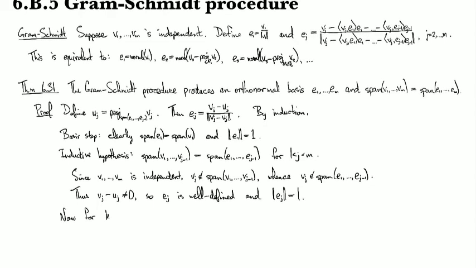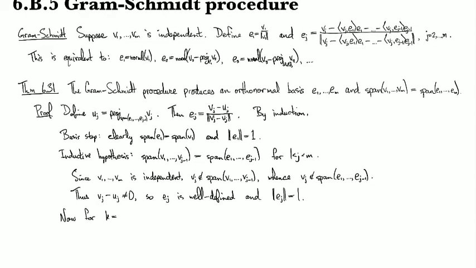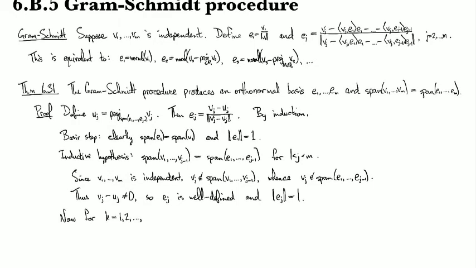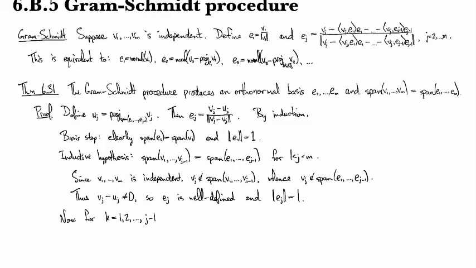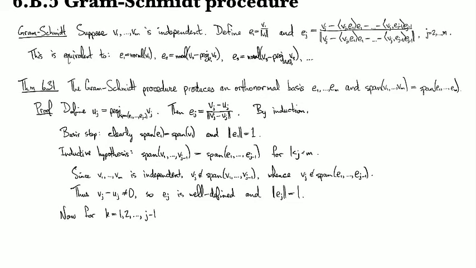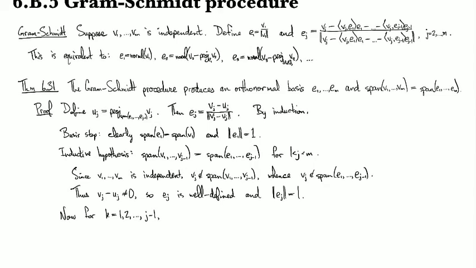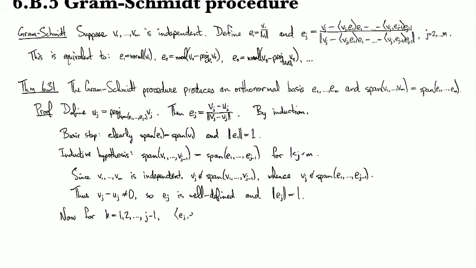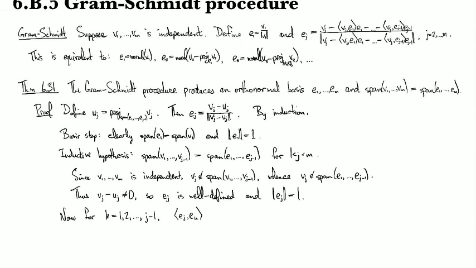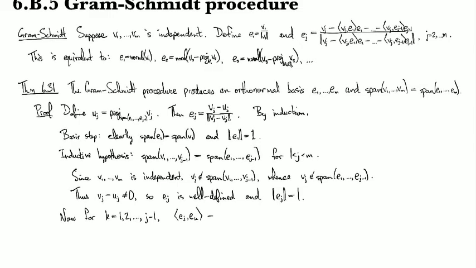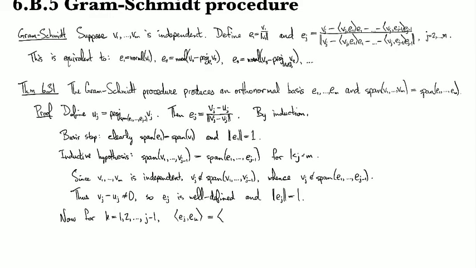Now, if we take k from the list of numbers that come before j, then the inner product between Ej and Ek is going to be, well, let's see. So what's our formula for Ej?